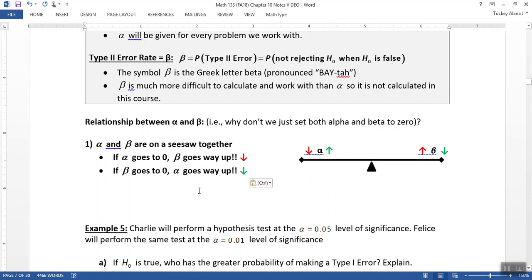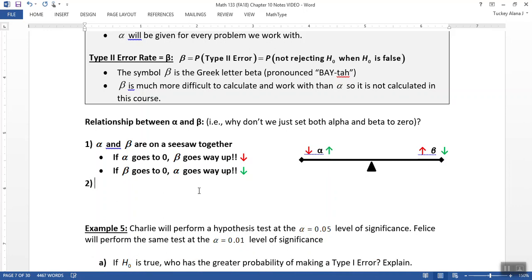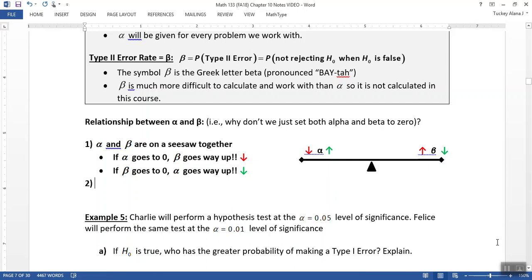Another reason, by the way, that we can't make them 0 is that if you did, then that would imply that you're 100% sure of what's going on. And of course, that's never the case. We never know. We just have certain confidence in what's going on based on evidence and data, but we don't know what's going on.